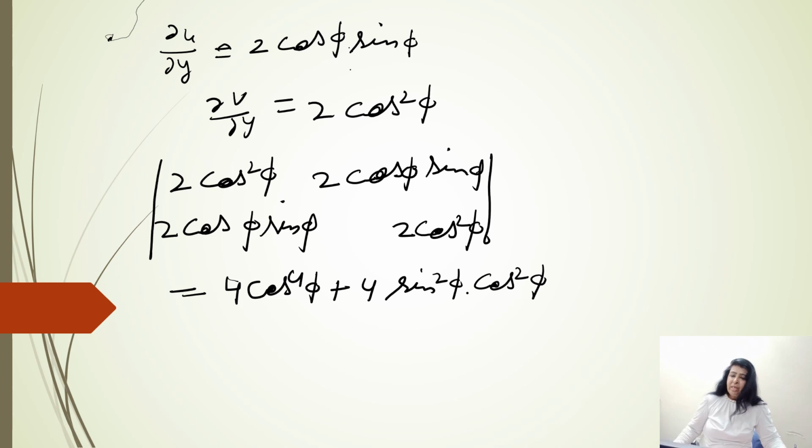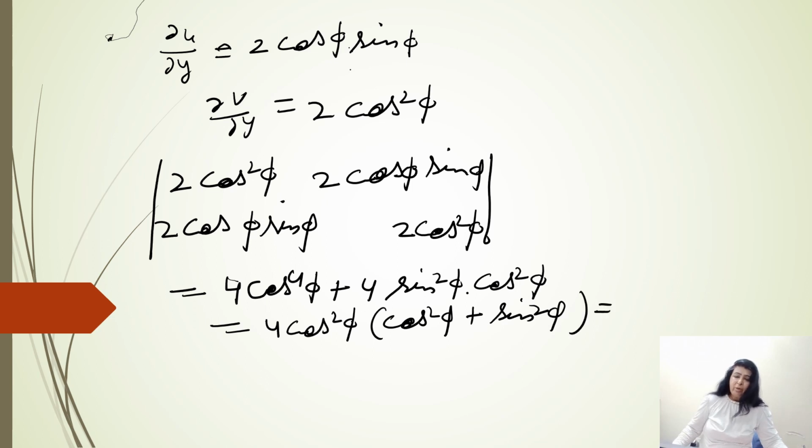Now you can see that 4 cos square phi will be common. So you are left with 4 cos square phi times cos square phi plus sin square phi, which is equal to 1, so 4 cos square phi. So this is the answer. Right, so in this way we can solve it out.